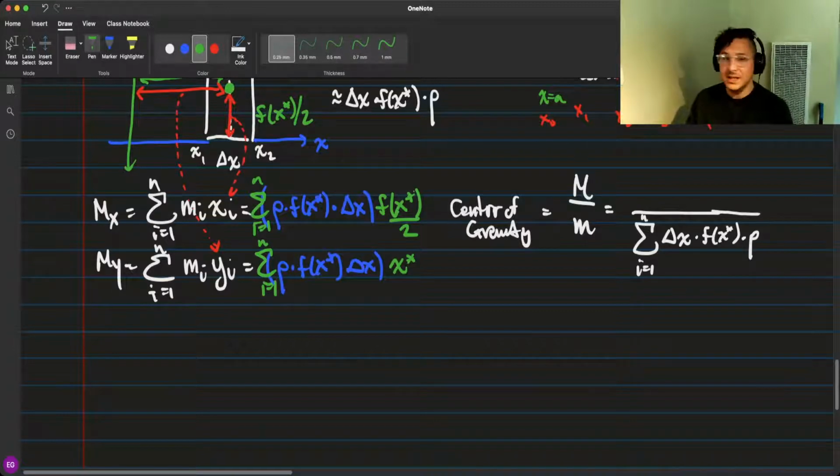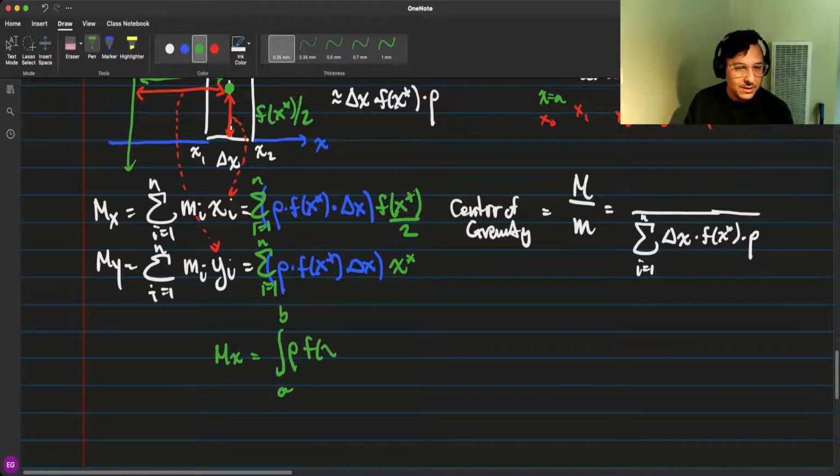Okay, so when you take the limit of these things, you're going to get that your x moment is the integral from a to b of rho f of x, f of x squared over 2 dx.